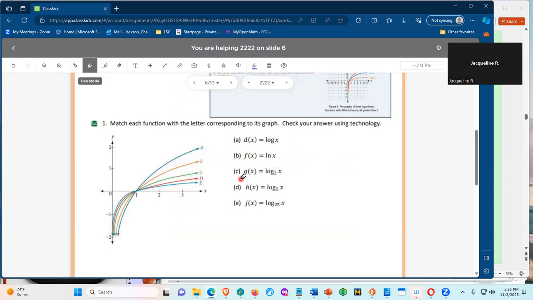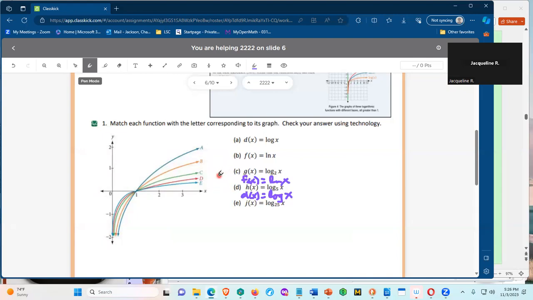So in order, they would be 2, and then e would be the second one, and that's f of x. Then it'd be D, then it'd be A, and then it'd be E. So it's base 2, 2.72, 5, 10, and then 25 in order, smallest to largest.